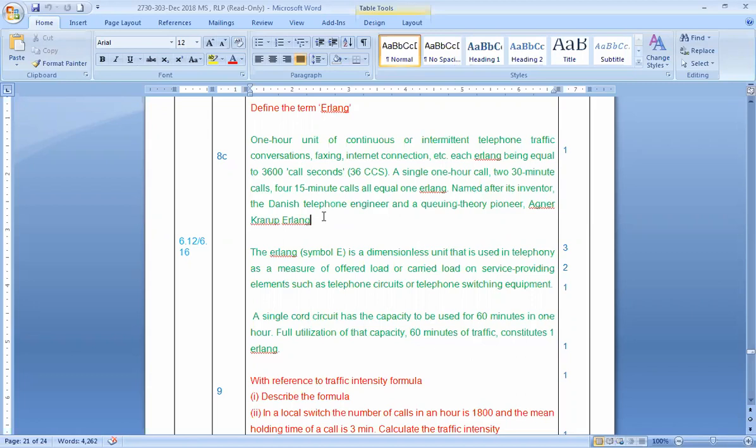If it's not feasible, then we work on bringing up better connectivity. This is how Erlang plays a very important role, where we get to know the performance of the network. It's a dimensionless unit, so keep that in mind.